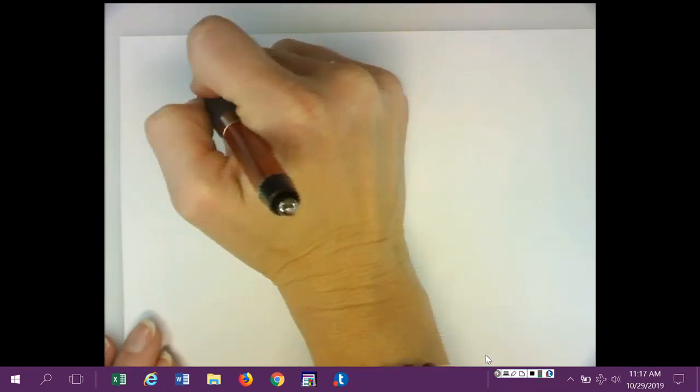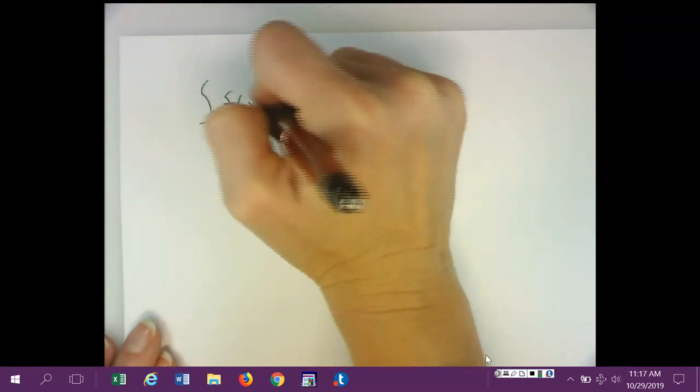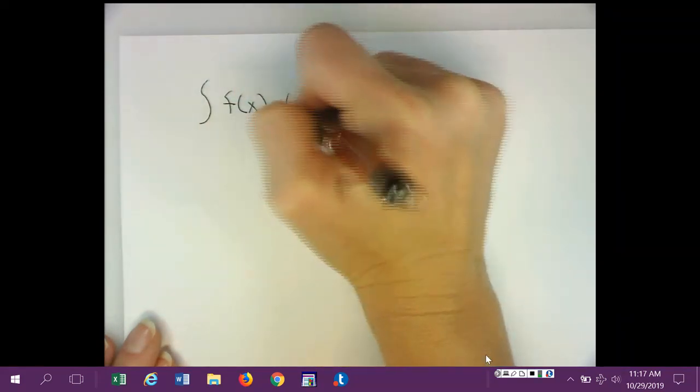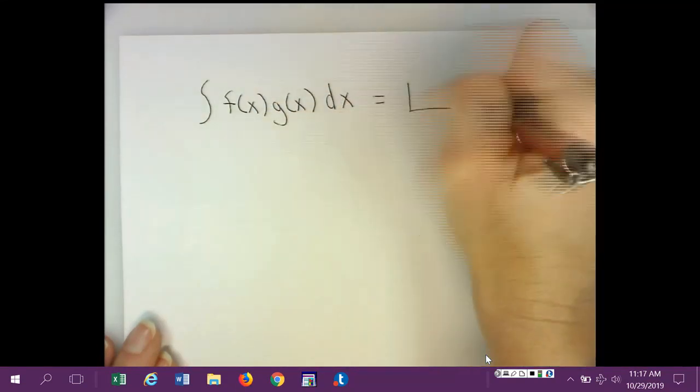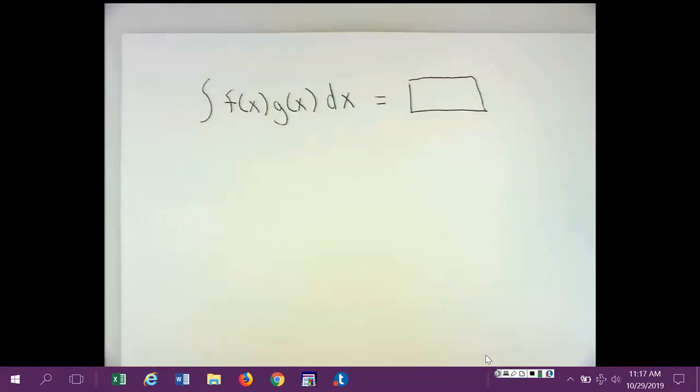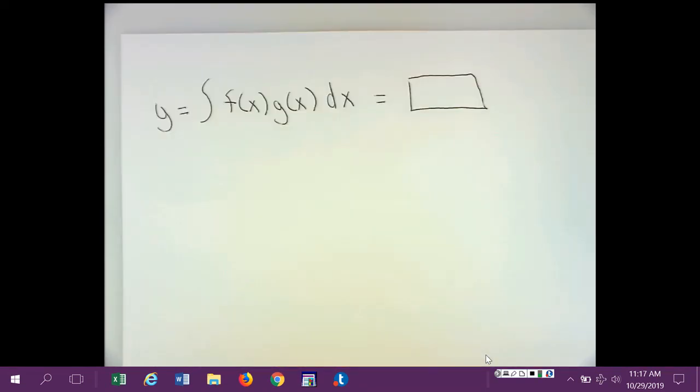The reason we need something called integration by parts is when we have as our integrand a product of 2 functions called f times g, and we would like to solve and find that antiderivative, which you know is equal to y, and it's a family of functions.